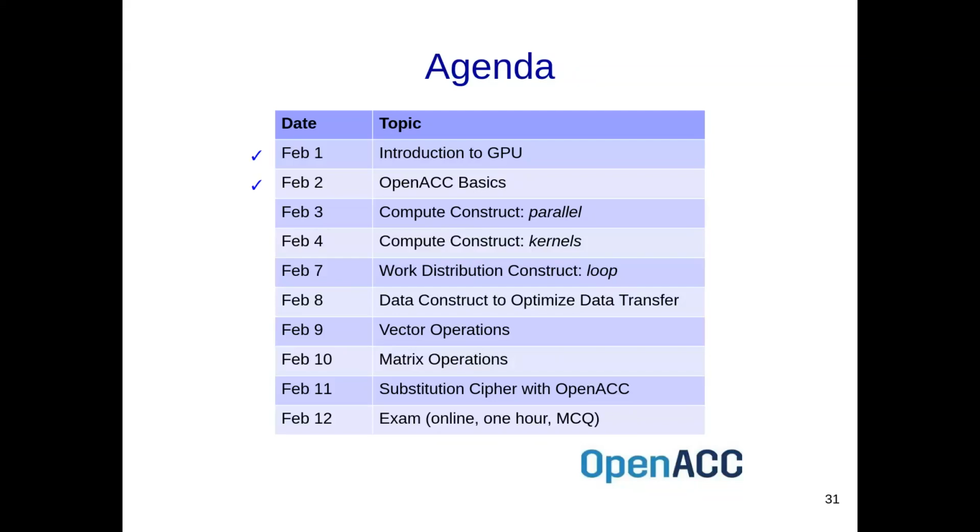We briefly talked about the 3 levels of parallelism: gang level, which is coarse grain, then the worker level, which is the fine grain, and the vector level, which is the SIMD execution. But we also said that the vector lane is the one which essentially refers to the thread. We looked at the overall GPU hierarchy. We briefly discussed the command queues, which are similar to the streams on the GPU.